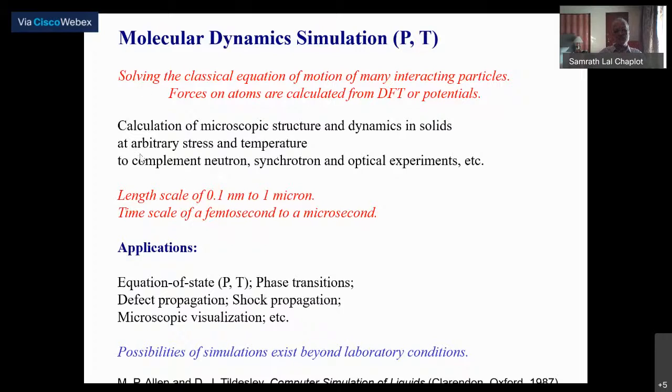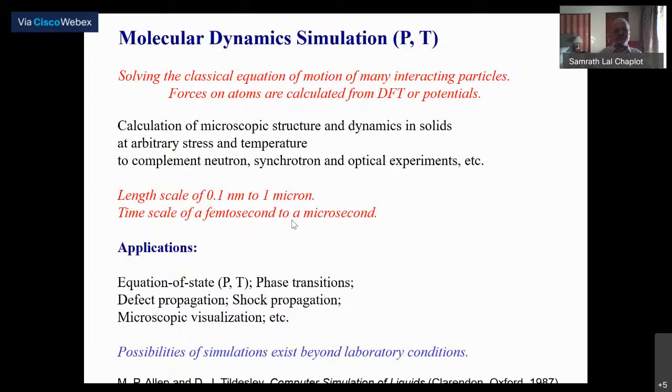However, although this entire method appears so nice for the study of microscopic structure and dynamics of atoms or molecules inside the solid, the length scales are limited. The reason is that even using the best of the computers that we have access to, we can calculate the equations of motion for maybe up to 1 million atoms. That would still be a very computer expensive process.